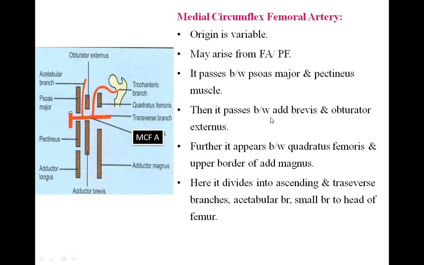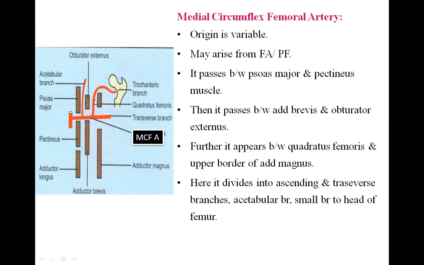Then it passes between the adductor brevis and the obturator externus muscle. Further, it appears between the quadratus femoris and the upper border of the adductor magnus. Here is the quadratus femoris. Here is the adductor magnus. Here it divides into ascending and the transverse branches.